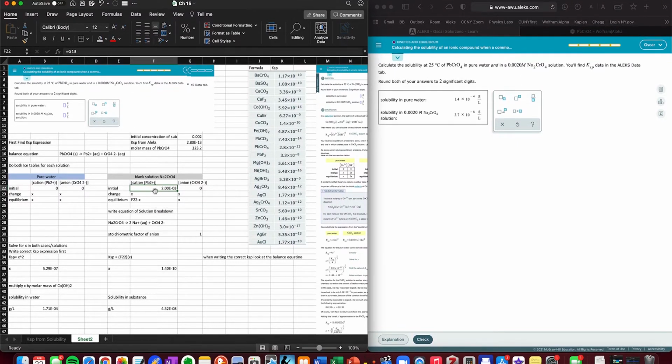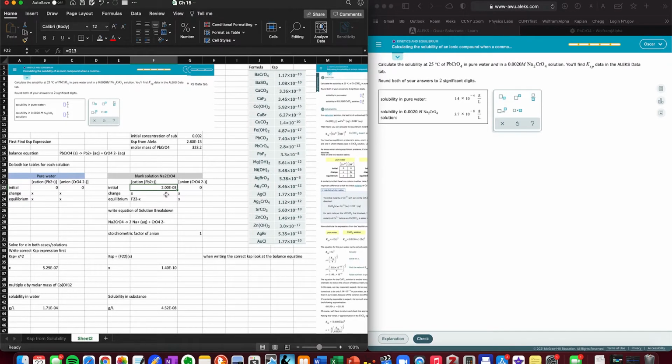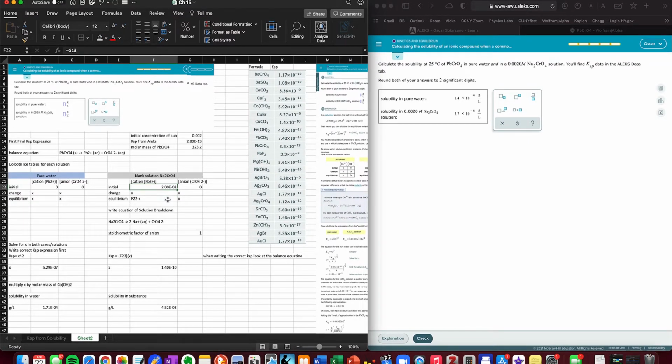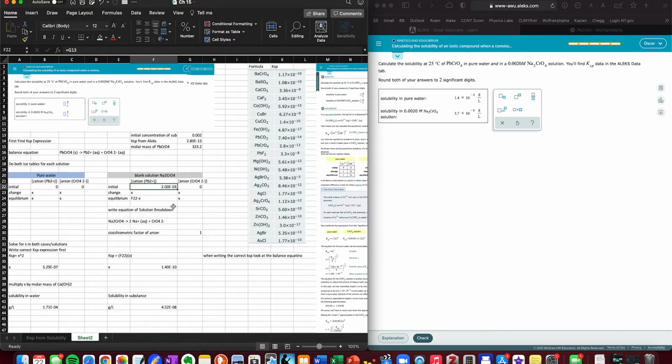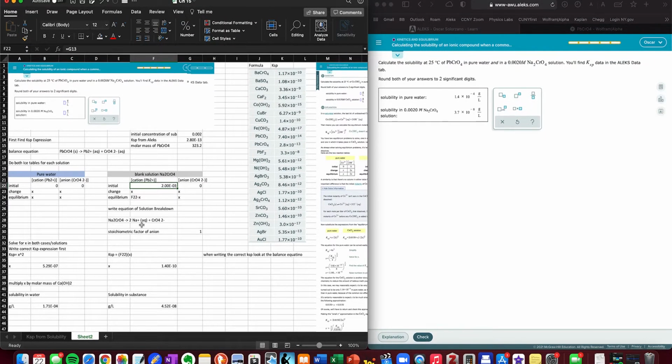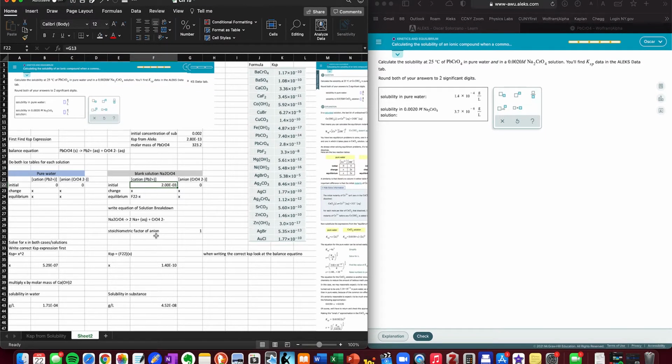So this is the cation that will be produced, the initial cation that will be produced. This is after equilibrium. Here we wrote down the breakdown of the solution. As you can see, again, stoichiometric coefficient of 1.